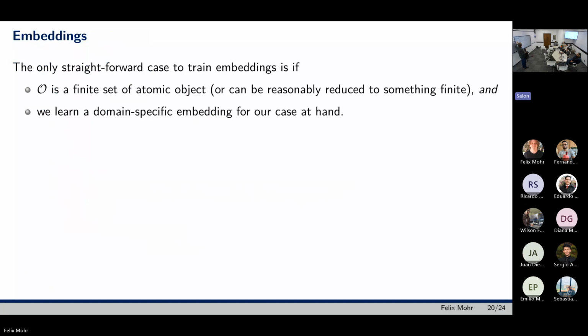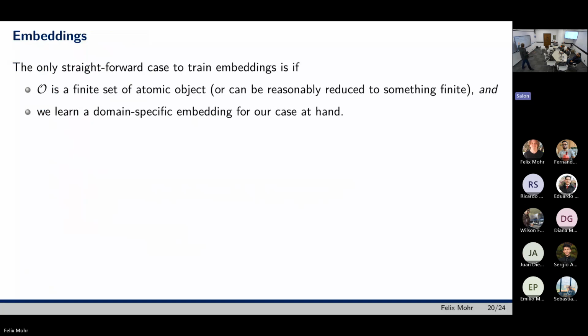In other words, only if what you want to represent is a categorical variable. And second, only if you want to train a specific representation for your task at hand, not a general one that you publish to other people. Only if you have these two, it's easy to do it, because only in this case, you will say, I use the PyTorch embedding layer just as part of my network, and then I train.